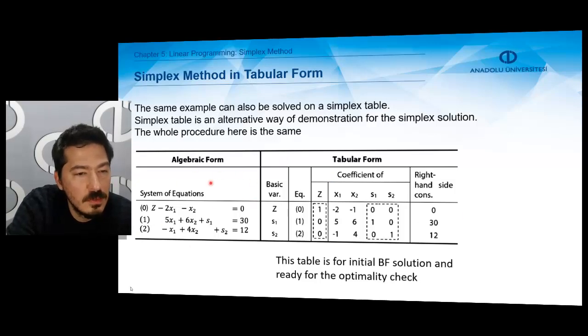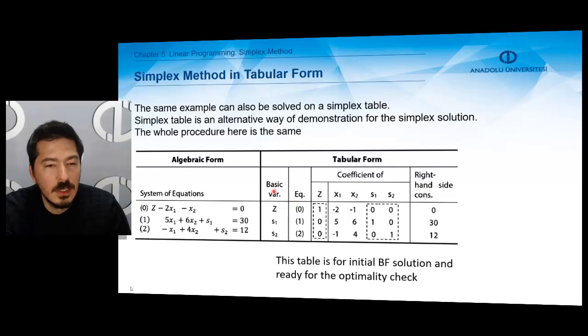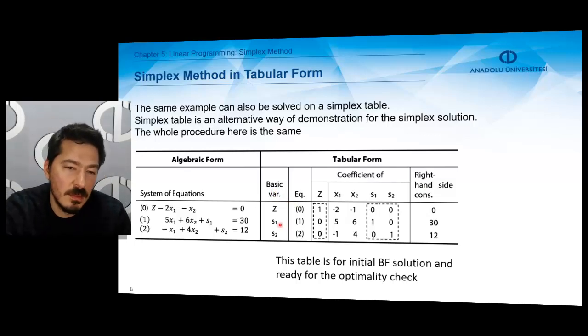In the first column here, we see the algebraic forms of the system of equations. This may be familiar to you because we used them in the former slides. This is the system of equations we obtained for the initial basic feasible solution. Here at the right, we have the simplex table. The first column is for basic variables.